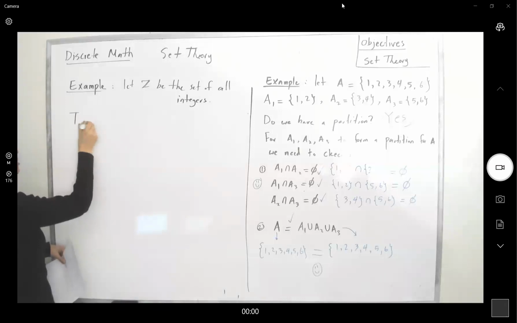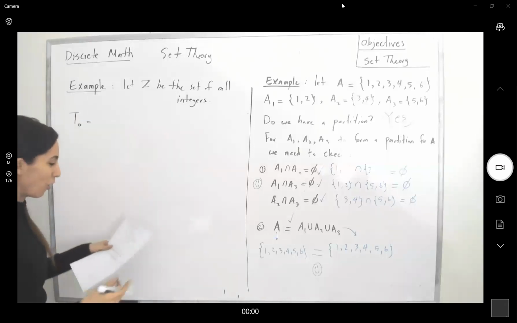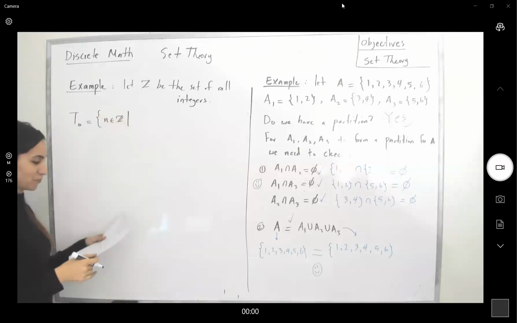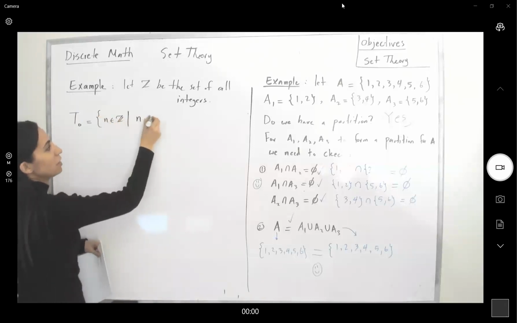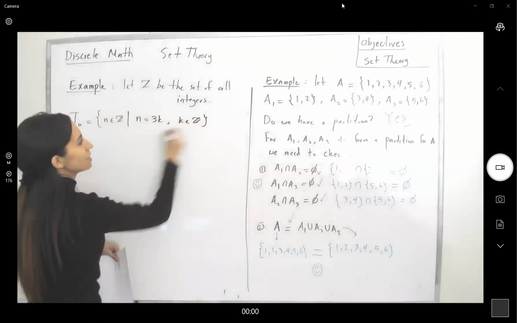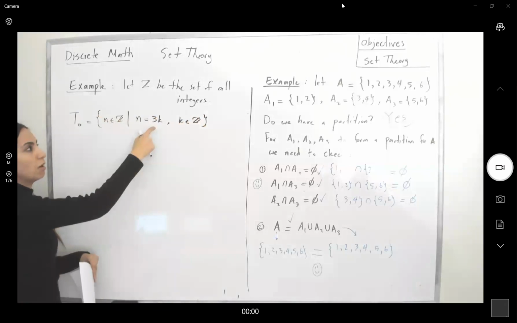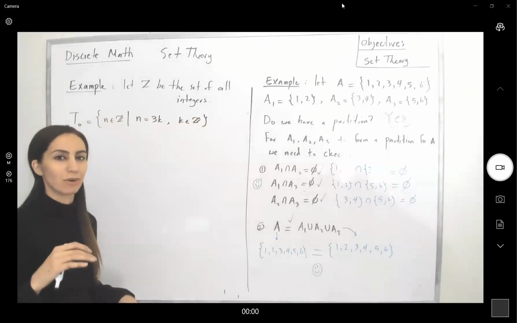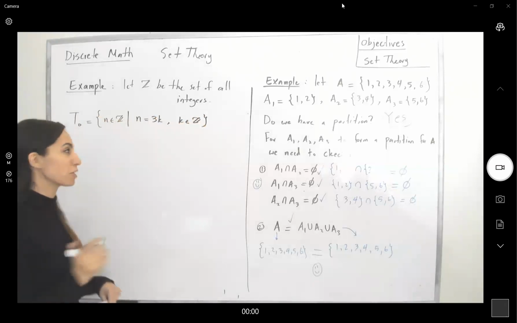Suppose T sub 0 is the set of all integers n such that n is equal to 3k for some integer k. Multiples of 3, or we can say that it is 3k plus 0. Quotient remainder theorem.